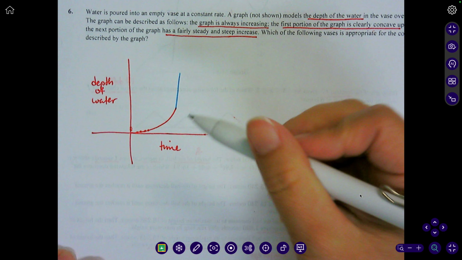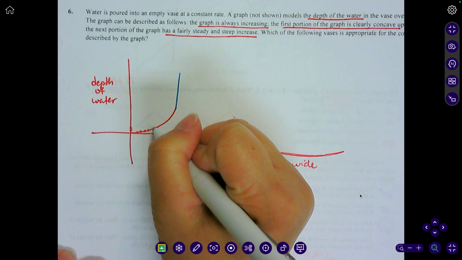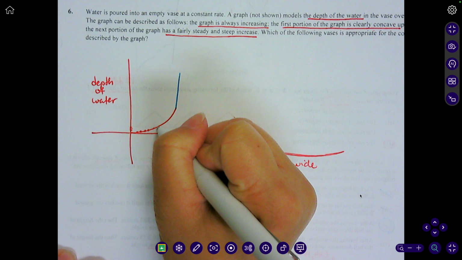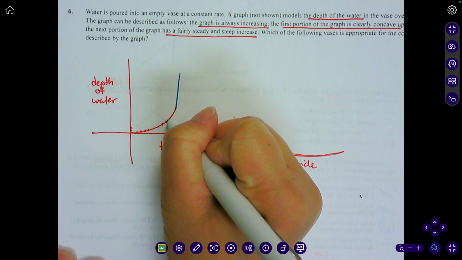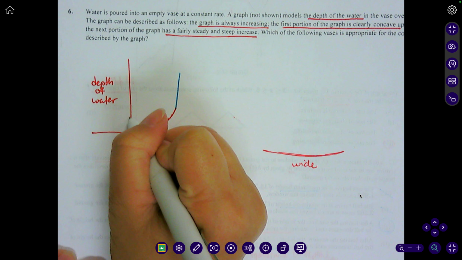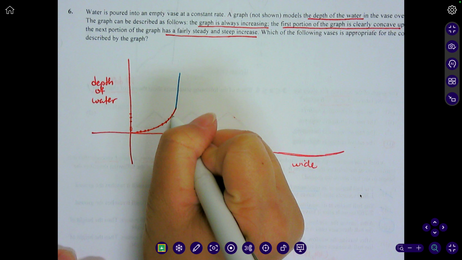Okay? And then as time goes by, the depth of the water goes up. Now it goes up a little bit faster here. What kind of shape of a vase could be so that from increasing the height at a lower pace, now it goes up to a faster pace?